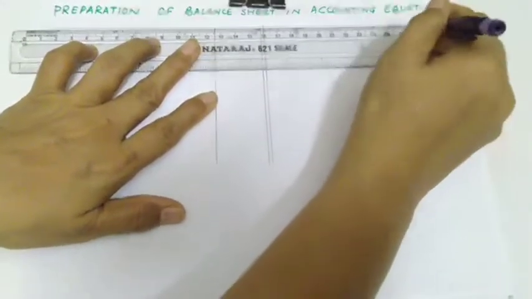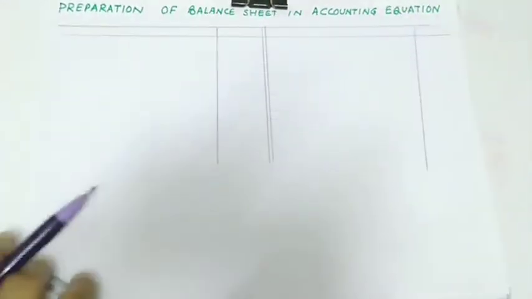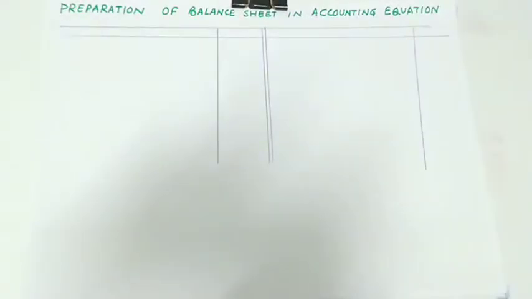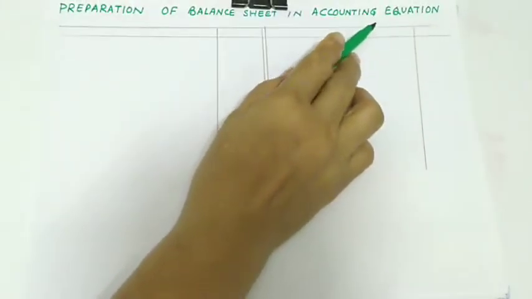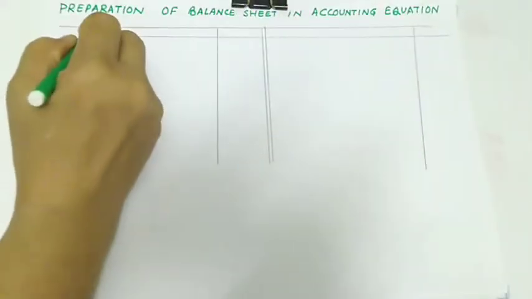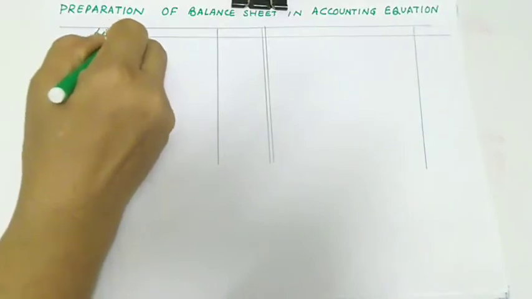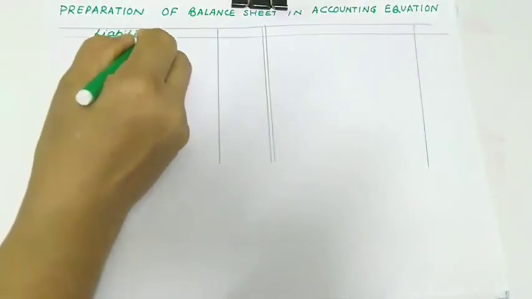So balance sheet is a statement which is prepared at the end of the financial year, but here if you are required to prepare balance sheet at this stage, that will be immediately after the preparation of accounting equation. It has two sides. On left hand side you will be showing your liabilities.